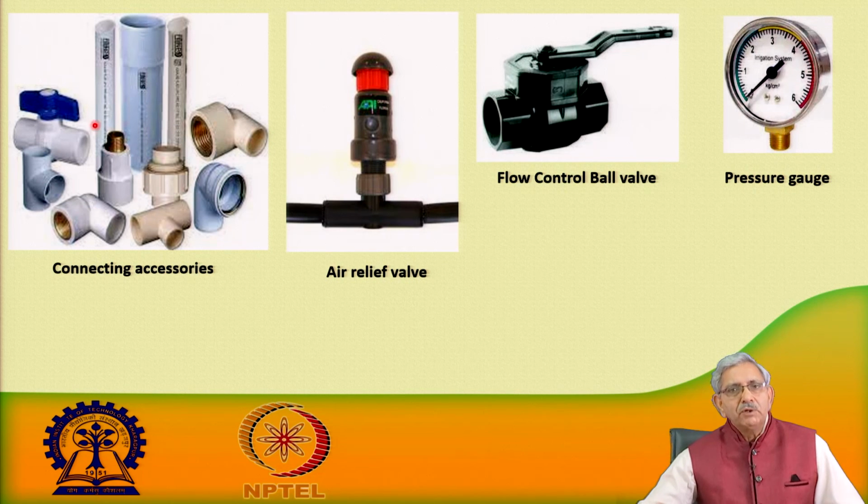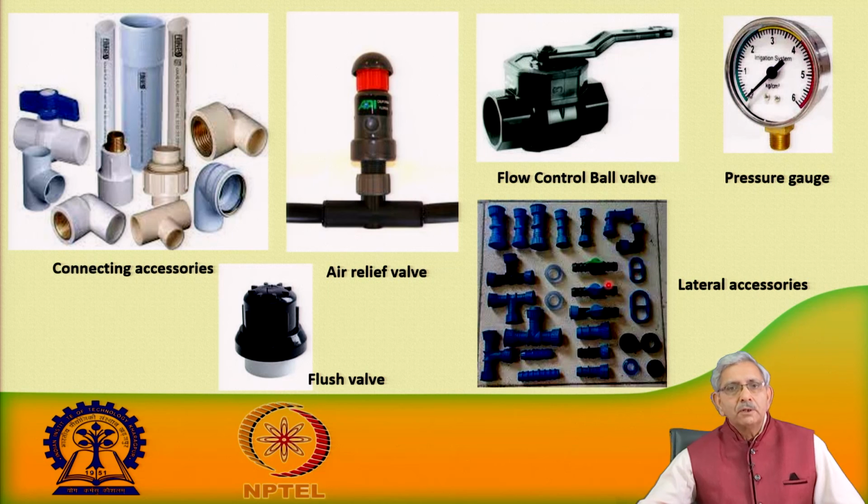Then you can see water regulation, air relief valve, flow control ball valve, and the pressure gauge for monitoring the system. This is a flush valve to flush the water as well as clean the main or sub main pipeline.